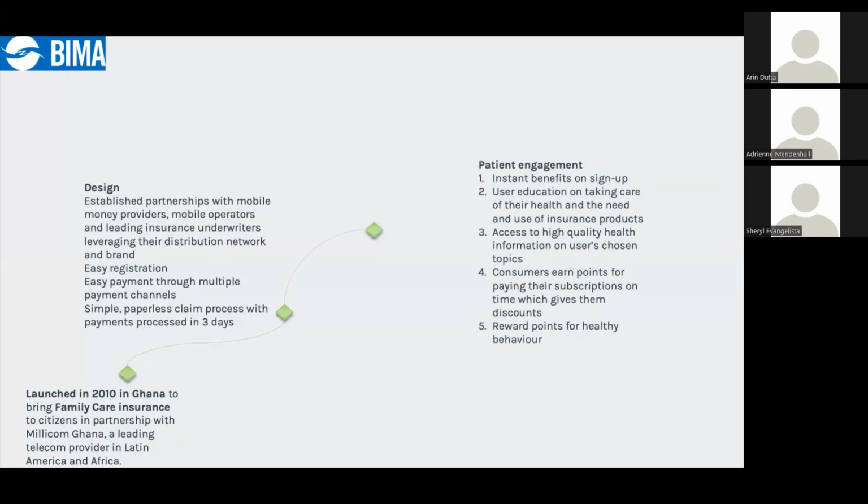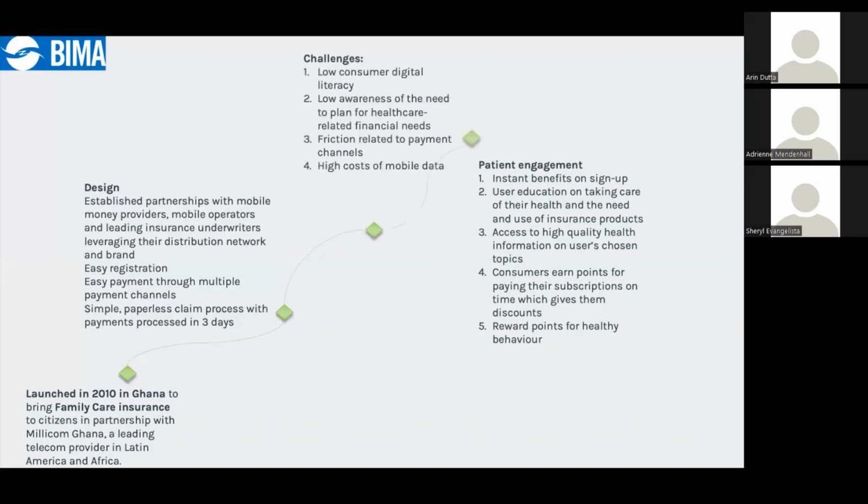They are testing many different tools for continued patient engagement, including benefits that arrive right away upon sign up, having consistent education with the users and ensuring that they're being rewarded for not only healthy behaviors, but starting to save for their healthcare as well.